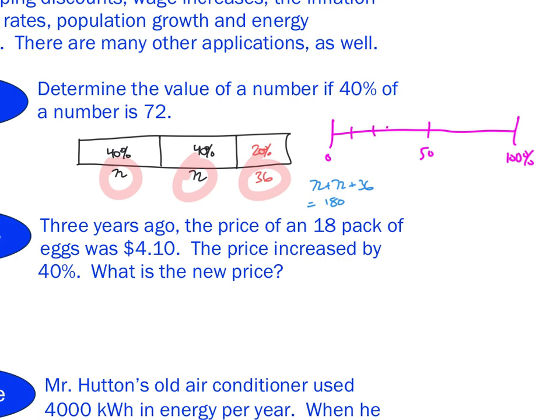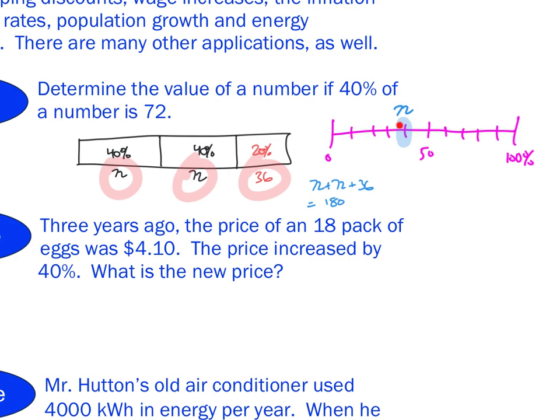We know that 40% is 72. So I would have put a little mark at 40 for 40%, and said okay, we've got 72 here. I would see that 4 chunks make 72, and each one would be 10%.